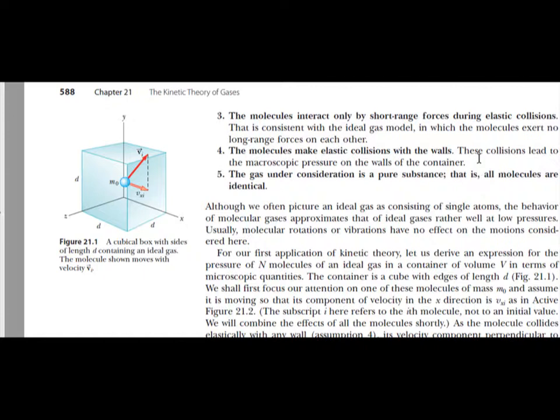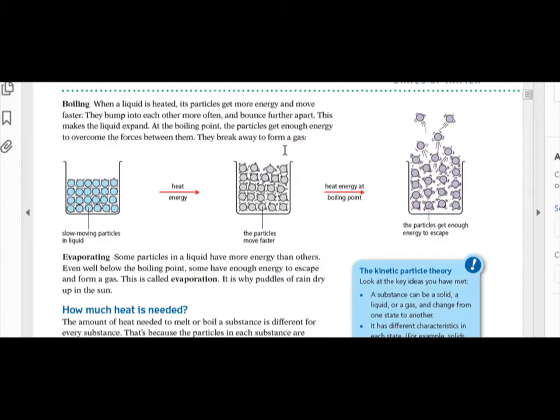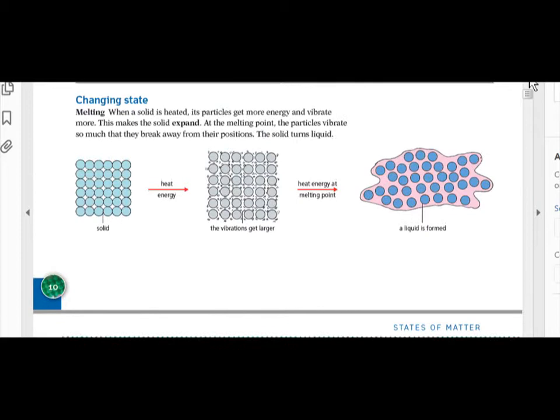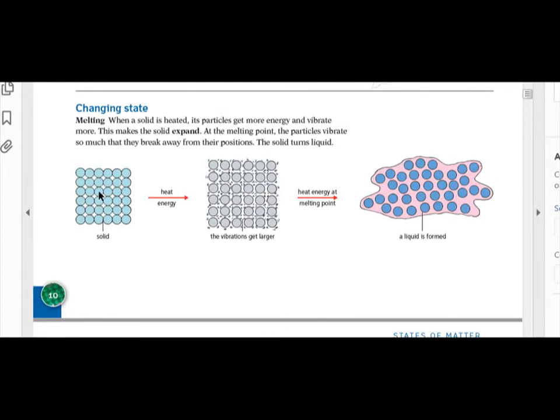So that's the assumption that we use when we're making calculations based on the molecules or the atoms in a gas. But when you look at the solid state, the particles are tightly packed, and they only vibrate to and fro a very small distance from their center of vibration.